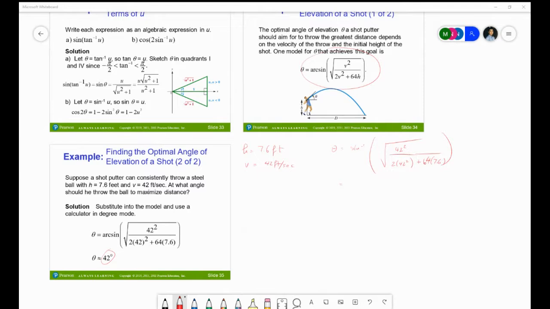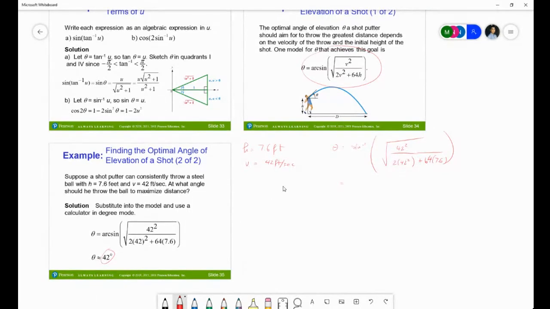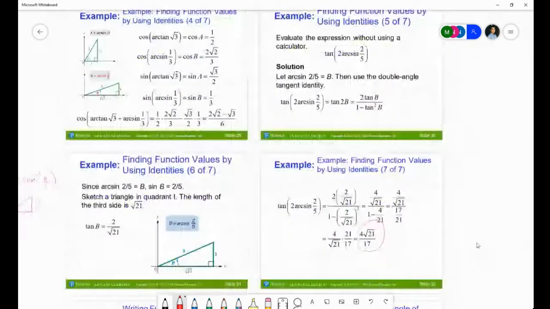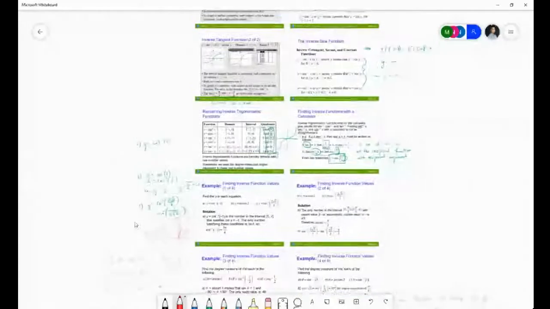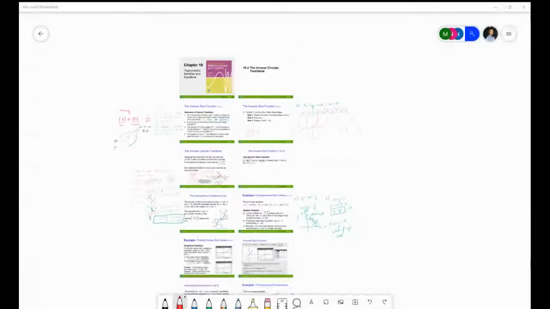Can we get more examples of that, please? Yeah, let's look up this section and see if we can do it. So this is 10 point something. 10.4.